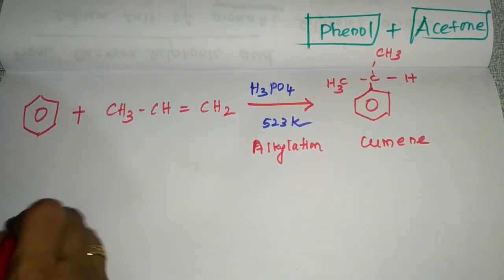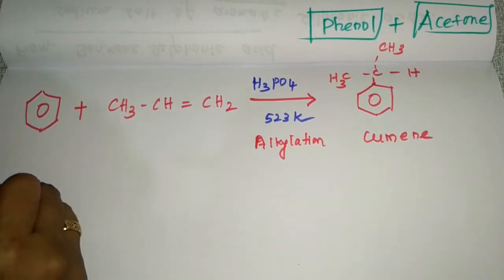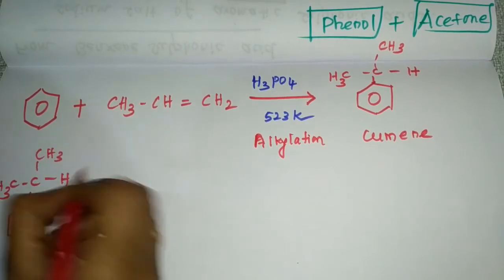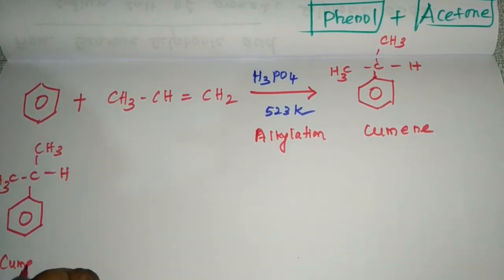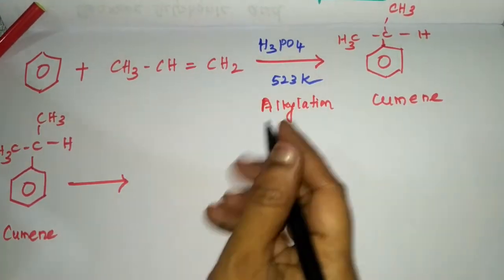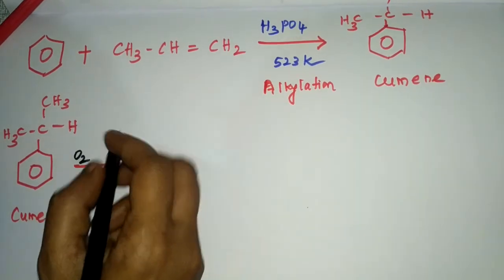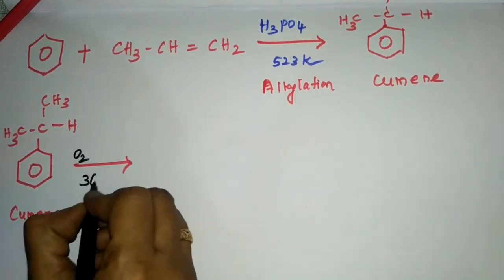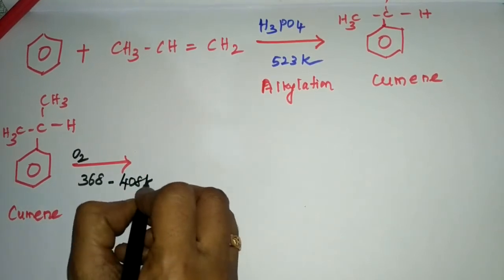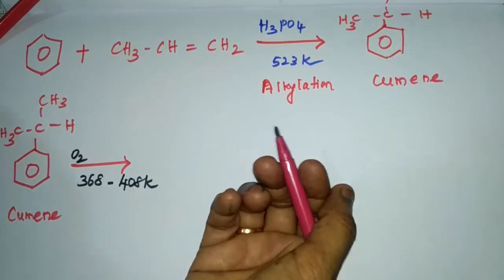In the second step, I'll write this cumene, that is CH3, here also CH3, and this one is H. And you have to go with oxidation, aerial oxidation, and the temperature should be 368 to 408 Kelvin. What happens?